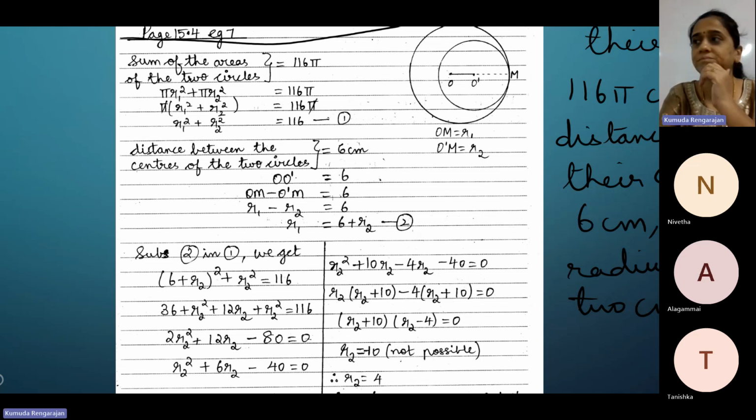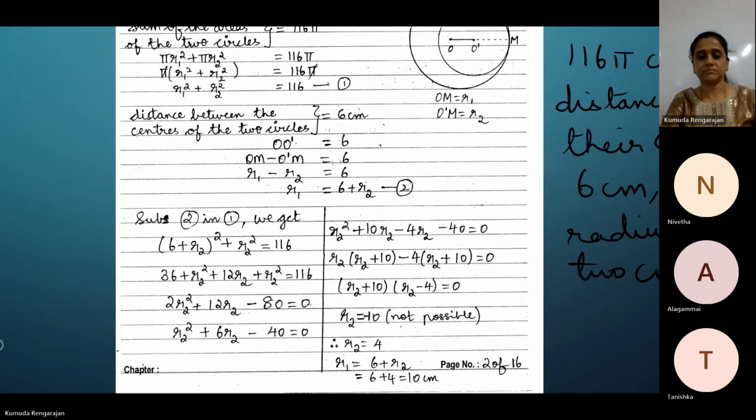Completed? Found R1? No. Well, that means you're blindly copying. Found R1?